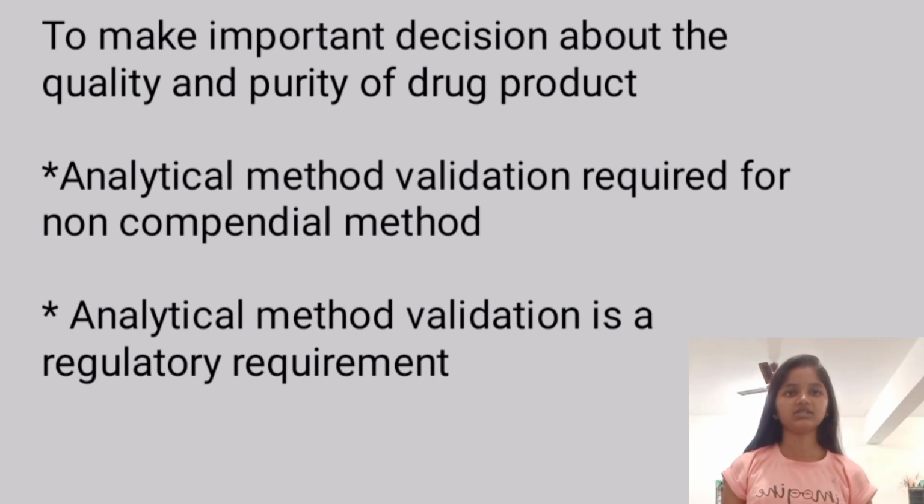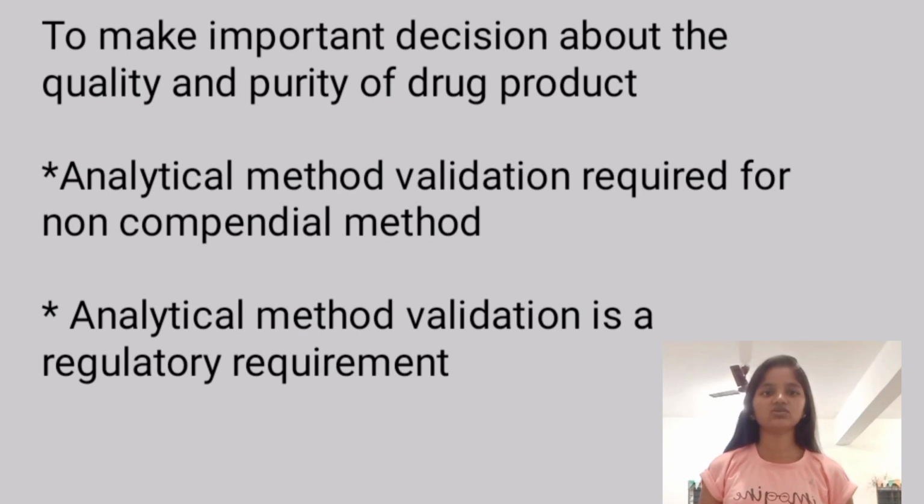For example, changes in the synthesis of the drug substance or API, changes in the composition of the finished product, and changes in the analytical procedure can all require revalidation. This may be due to the changes in a part of equipment, API source, or changes to the specification limit.